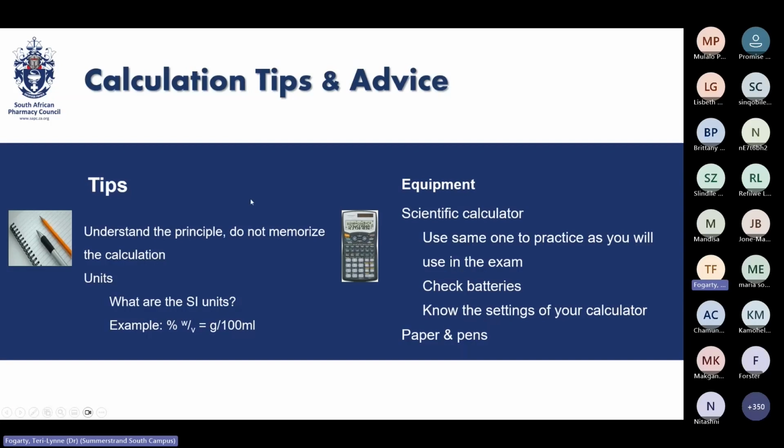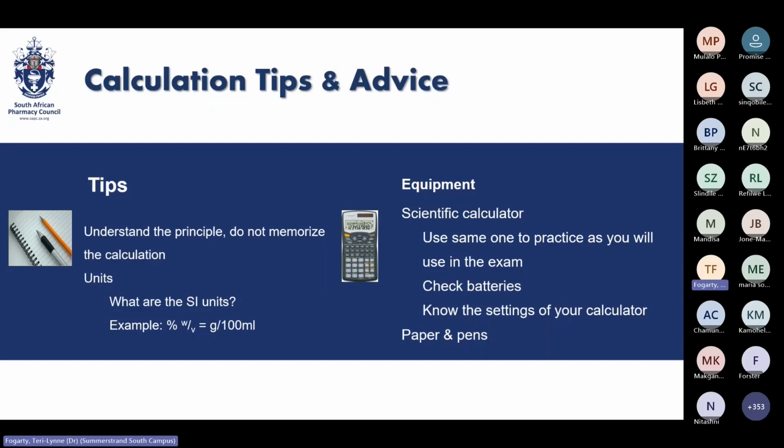Right, so some tips for your calculation questions. It's important to learn the principle. You can't memorize calculations. Those of you that enjoy calculations will know that practice makes it easier when you get a question that's not the same as something you've been practicing.